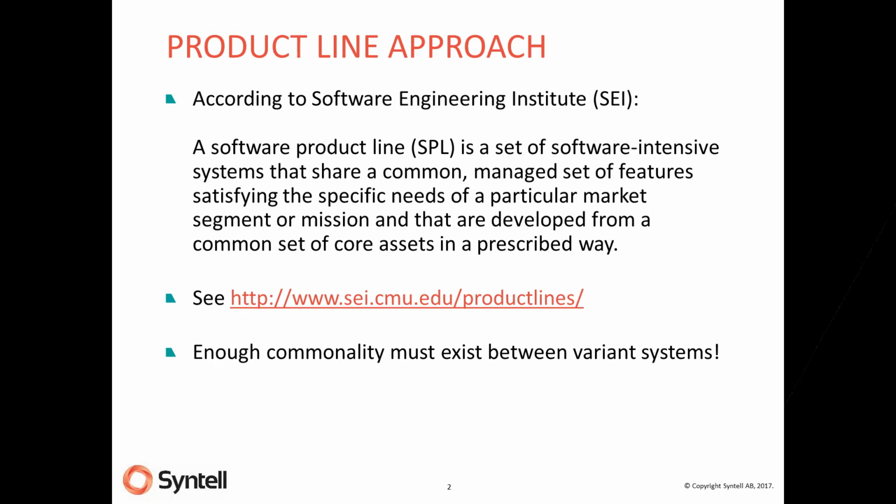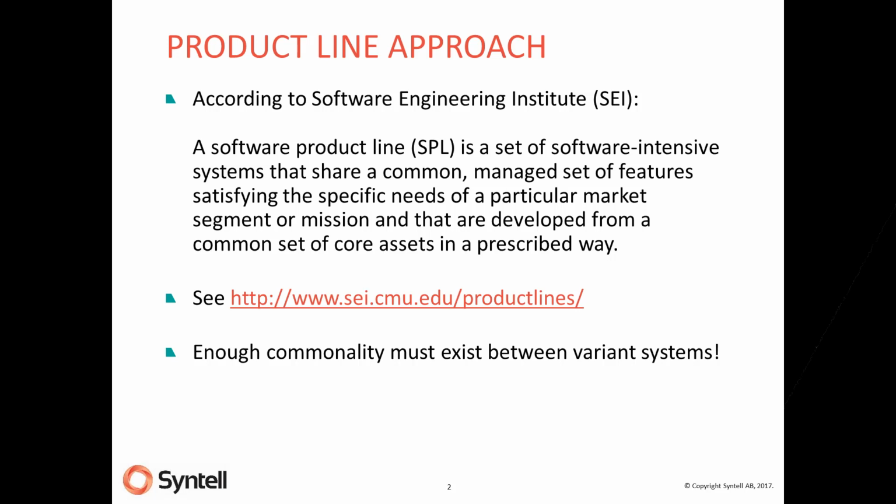According to the Software Engineering Institute, a software product line is a set of software-intensive systems that share a common managed set of features satisfying the specific needs of a particular market segment or mission, and that are developed from a common set of core assets in a prescribed way. I suggest you follow the link and read more at their website.